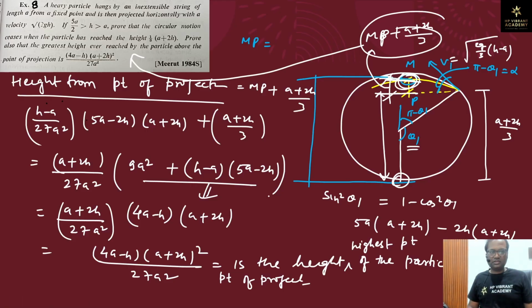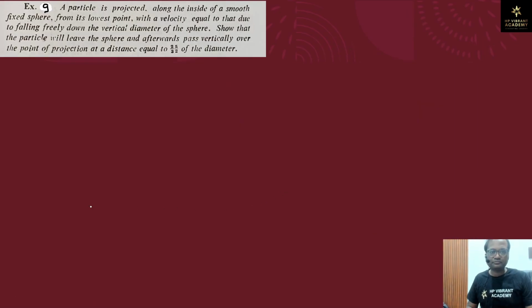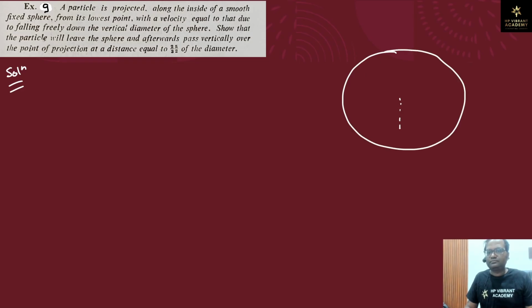Okay, now let us solve question number 9. So what is given in the question? A particle is projected along the inside of a smooth fixed sphere from the lowest point with a velocity equal to that due to falling freely down the vertical diameter of the sphere. So this is the vertical diameter. How do we find the velocity? The velocity is given by root under 2g into height.